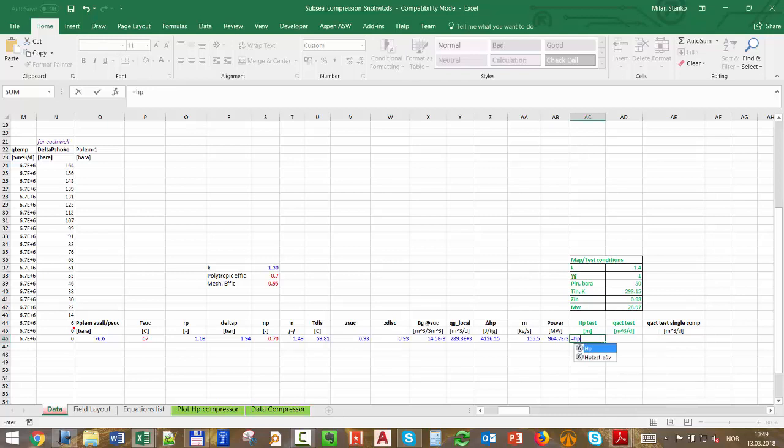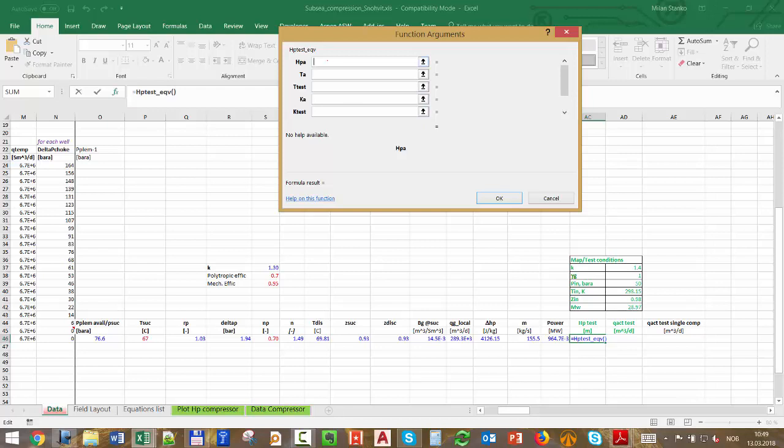HP test. Remember, I need the polytropic head of the actual, and that I don't have, right? It is this one, divided by 1981.